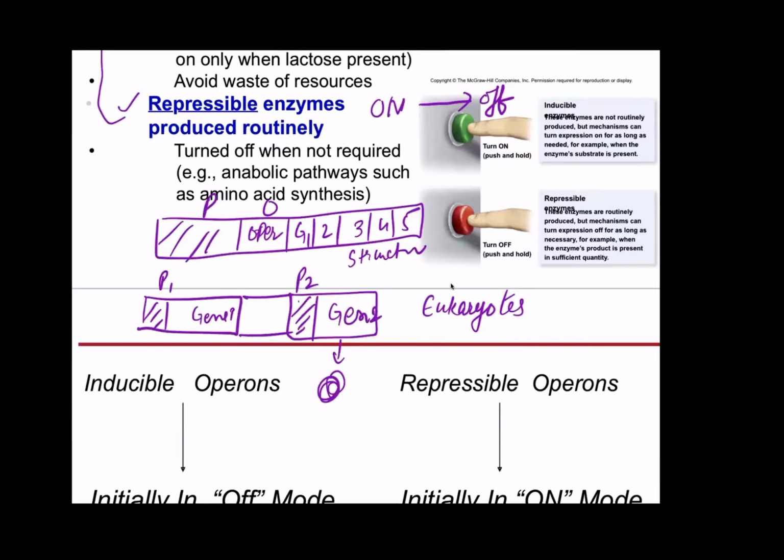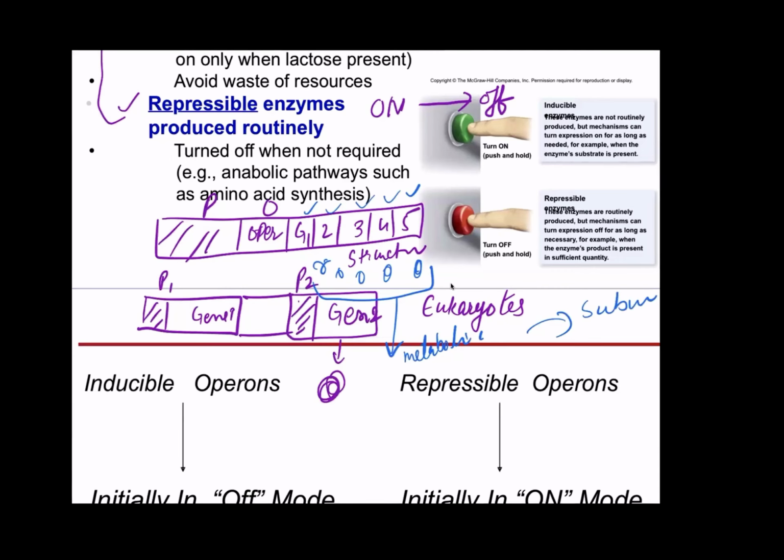The only difference is that it is a highly economic system in prokaryotes, because these genes, like 1, 2, 3, 4, 5, their products, these 5 proteins, work at one place where their metabolic activity is needed to process that substrate, let's say, and these enzymes are needed to work together.